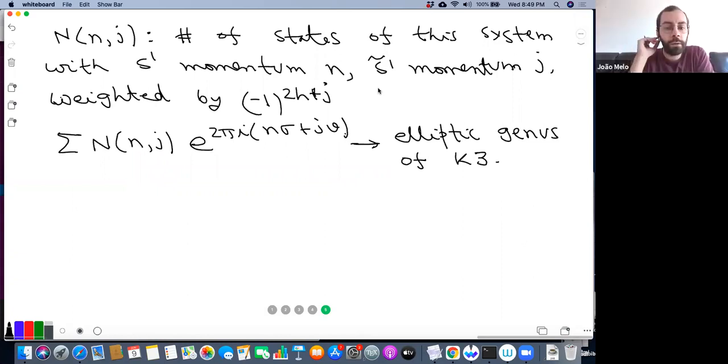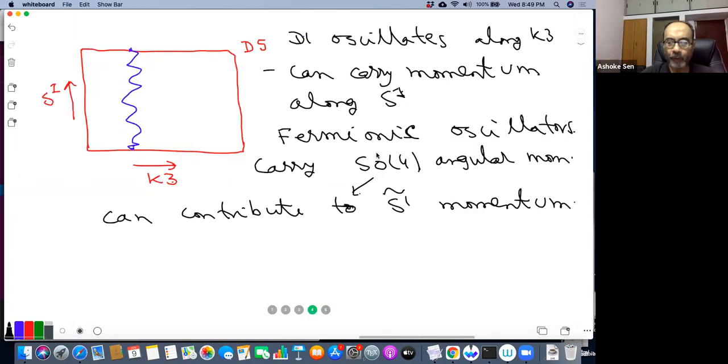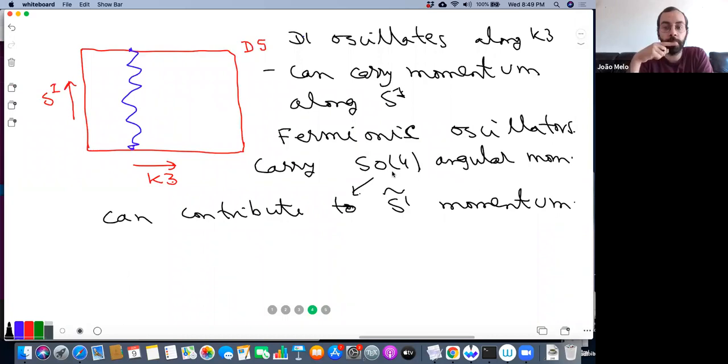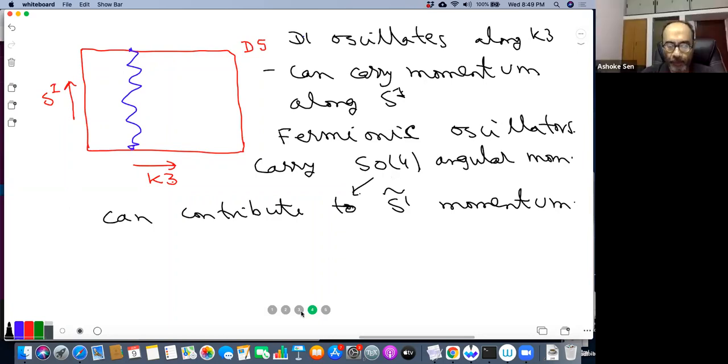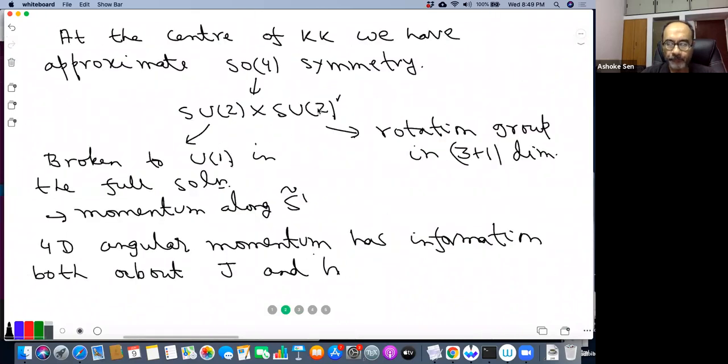Hi, another quick question. Where does h appear in this system? Where does h appear? Yeah, h is also part of the angular momentum. Right? SO(4). The angular momentum along S1 tilde? No. Okay. So SO(4), let me go back. See, SO(4) has two SU(2)s. One of these corresponds to h, has h information. Okay, because it's the rotation group in 3 plus 1 dimensions.